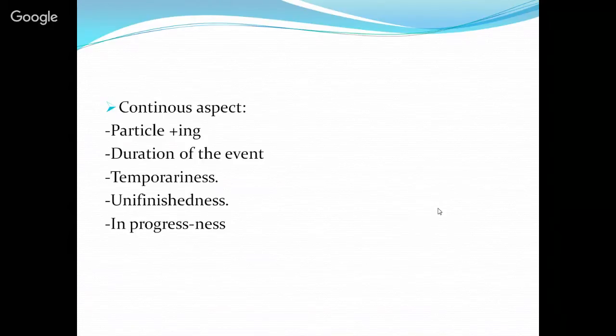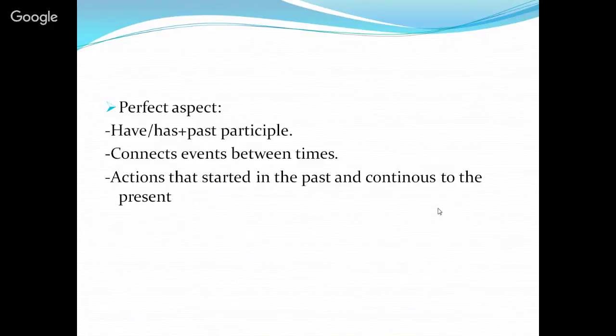For continuous aspect, we have the particle ing, so it's the verb plus the particle ing, and it expresses the duration of the event, temporariness, unfinishedness, and in-progressness. The perfect aspect uses the particle have or has plus a verb in past participle.